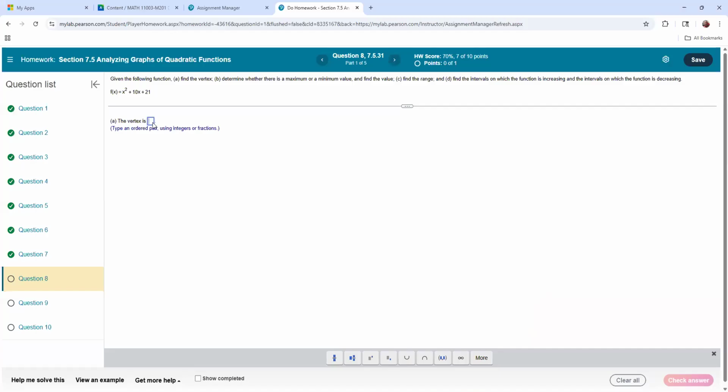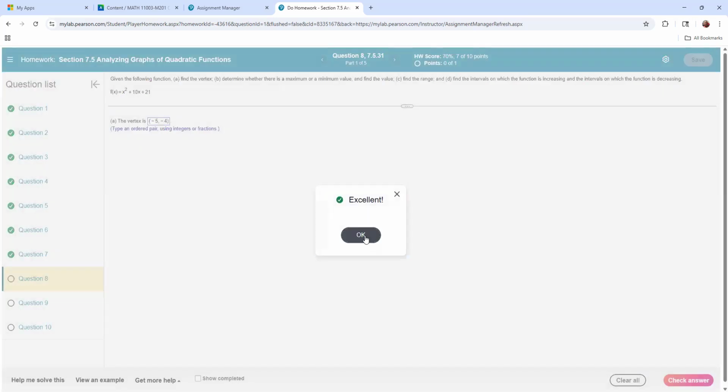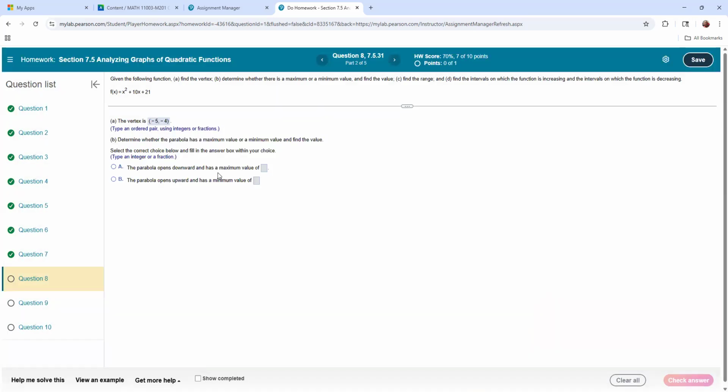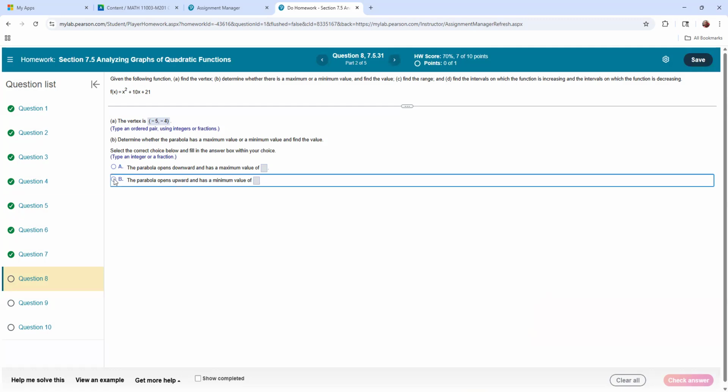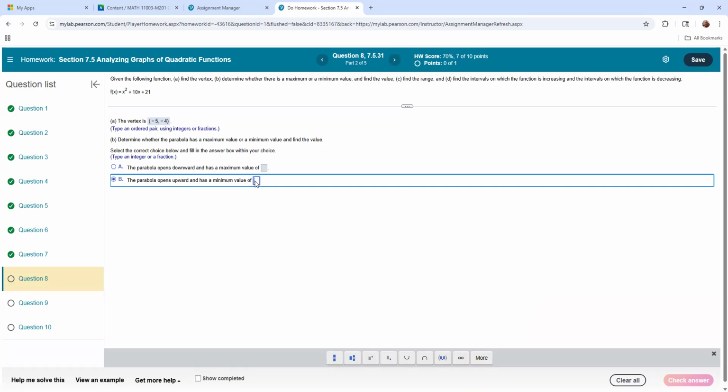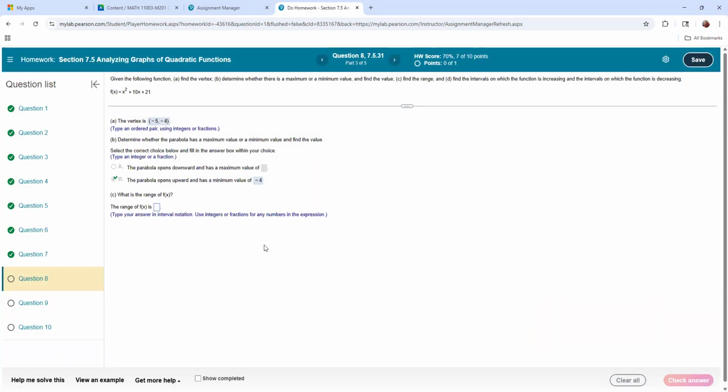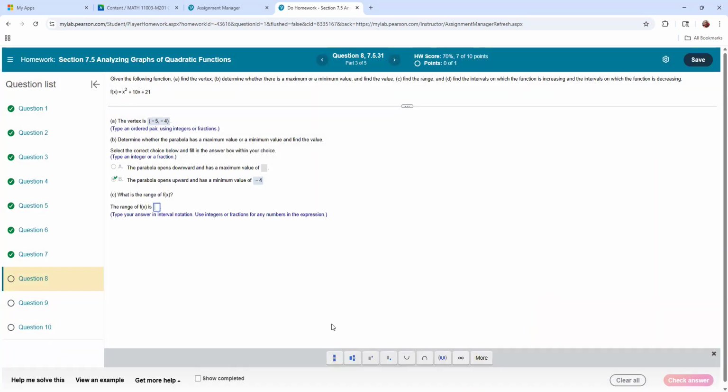So we would start out with our vertex in parentheses. It was negative 5, comma, negative 4. We said this one had a minimum. Y'all said a minimum. So go to B. And the minimum value was that negative 4 for the y value. So the range we said was a bracket. So let me find a bracket. And it went from negative 4, comma, infinity. And infinity always has the parentheses.